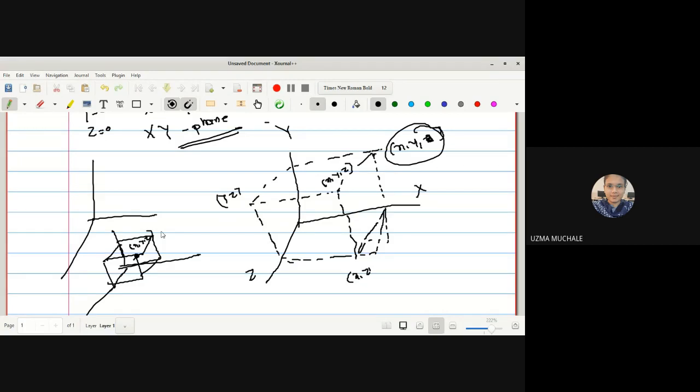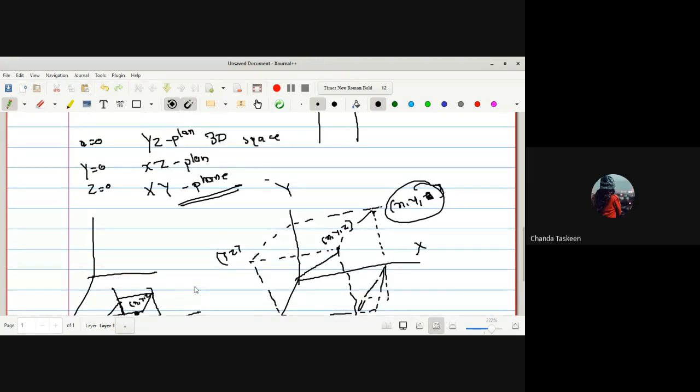Because we know how to draw a point or how to find a point in a 2D plane, but how to draw a point in 3D space is somewhat difficult for us. So what you have to do? First you have to draw a point on xy, yz and zx, then combinedly you can find this one with the completion of this cube. And this is the distance of this point from the origin. Okay, does everyone understand?